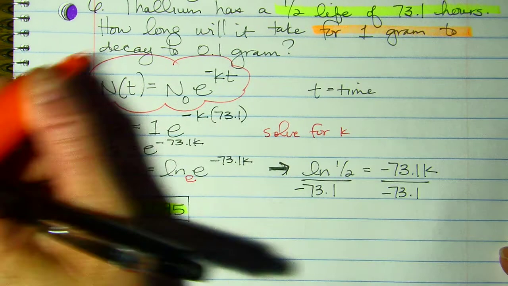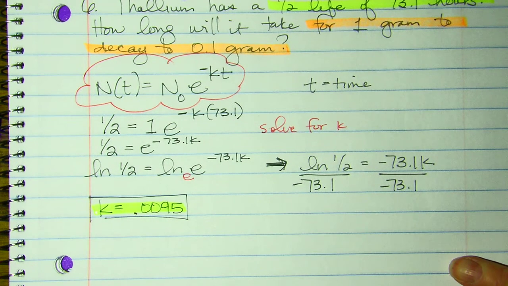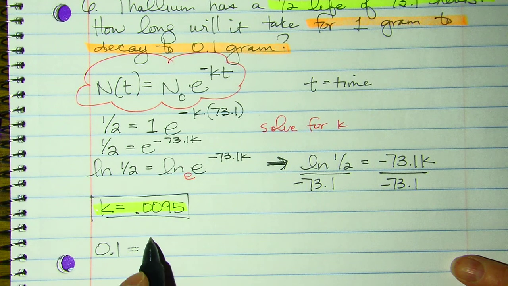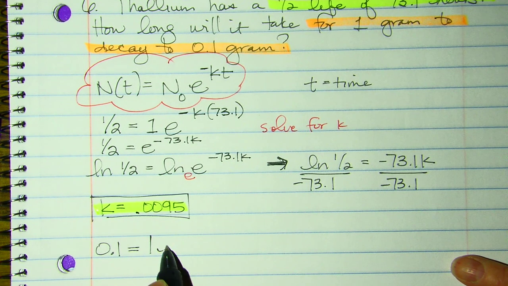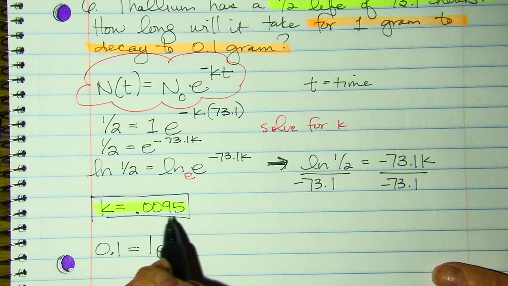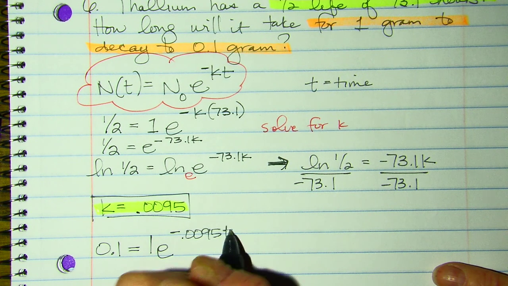Now I'm going to answer the second part. How long will it take for 1 gram to decay to 0.1? Using the same formula, it's asking when will it become 0.1. So 0.1, I'm starting with 1 gram, times e to the negative, now we know what k is, k is 0.0095, and we're solving for t.